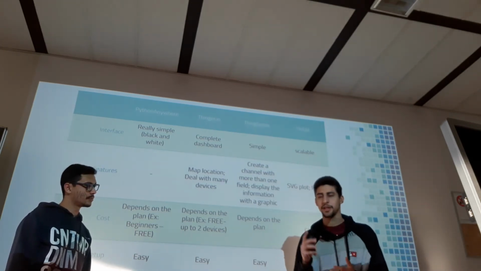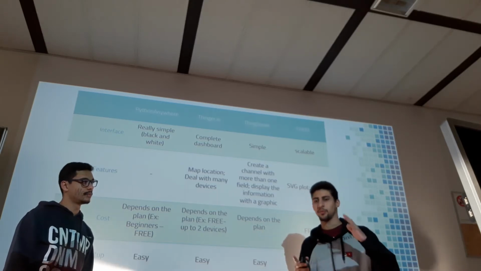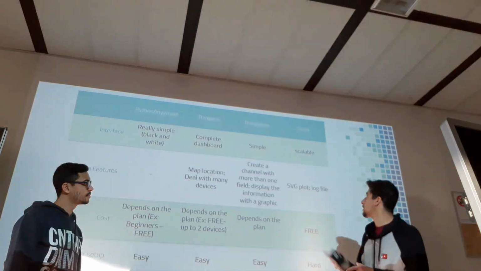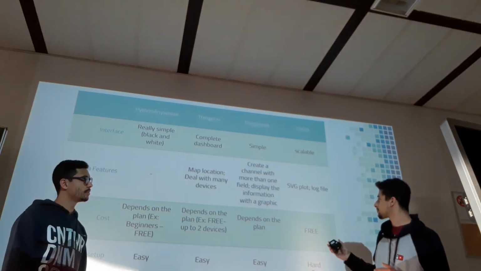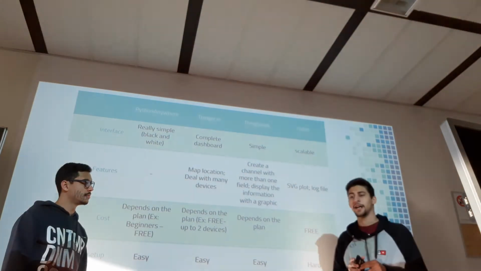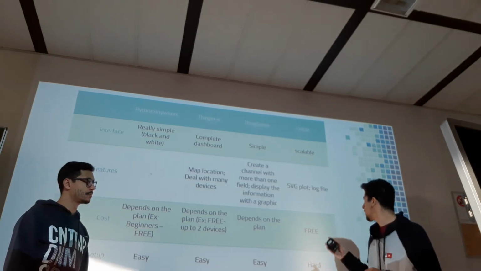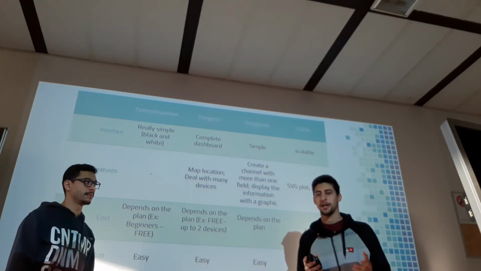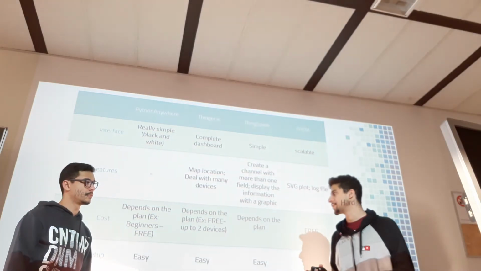That's something that's really good for those users that wants to follow the modifications. And FHEM, so far so good, has the SVG plot and also the log file that saves the information in offline historic in your computer.